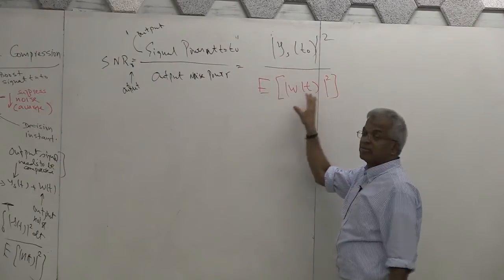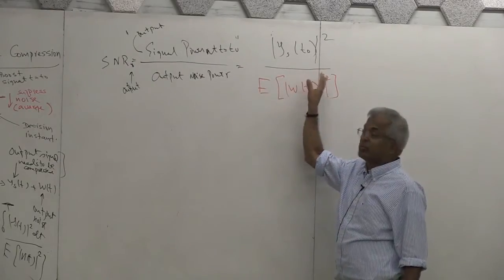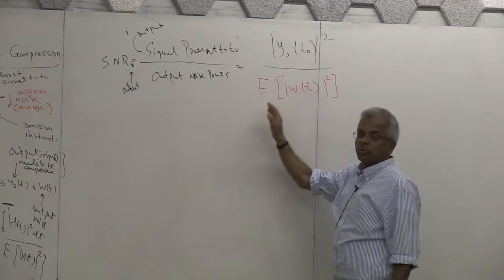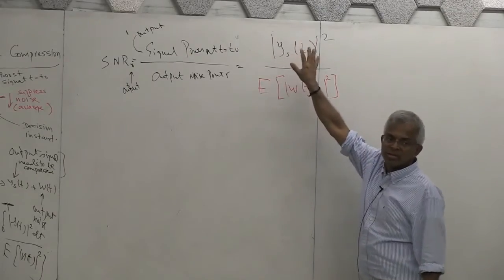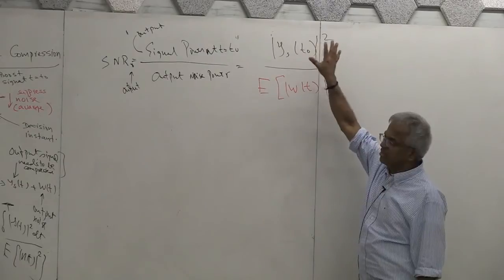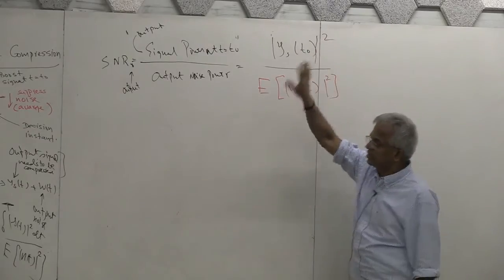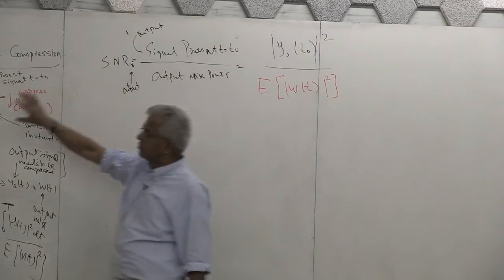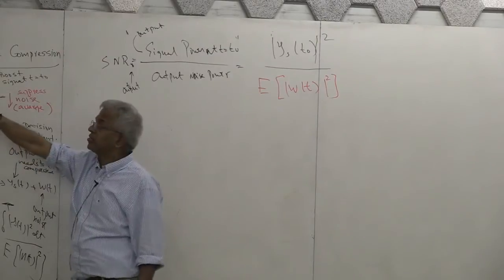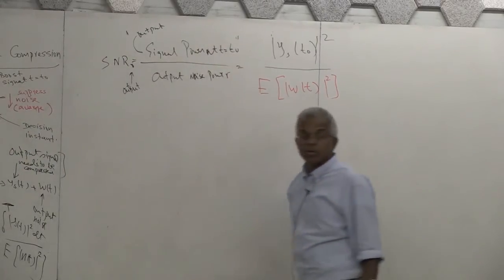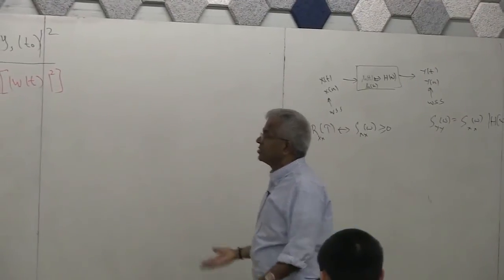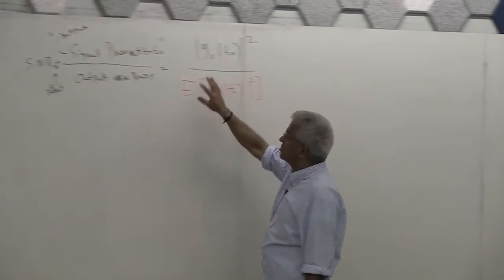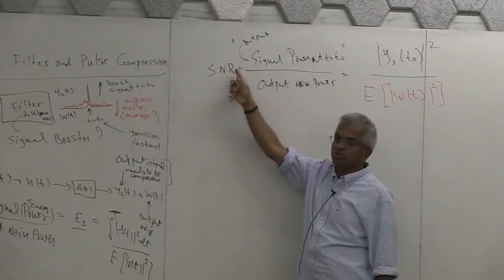So this is where the things that we learned last week are going to be useful. This is, as I said, some engineers' years of very clever observations of what is required and how to bring it into a mathematical formulation. As I said, you may immediately object and say this is not the way signal to noise ratio should be defined.